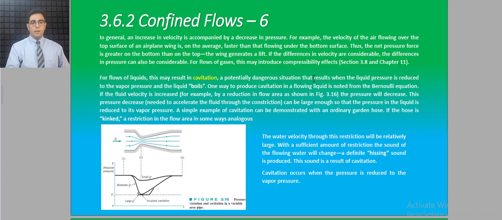But the differences of velocity in terms of pressure for the gases are really considerable. When cavitation is happening, which is illustrated in chapter 2, it means that the pressure drops down such that it's getting near to the vapor pressure.